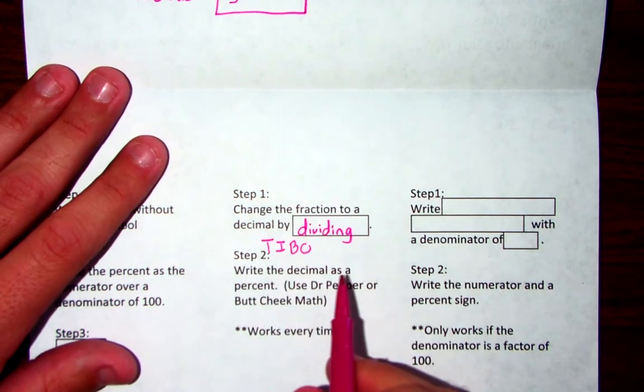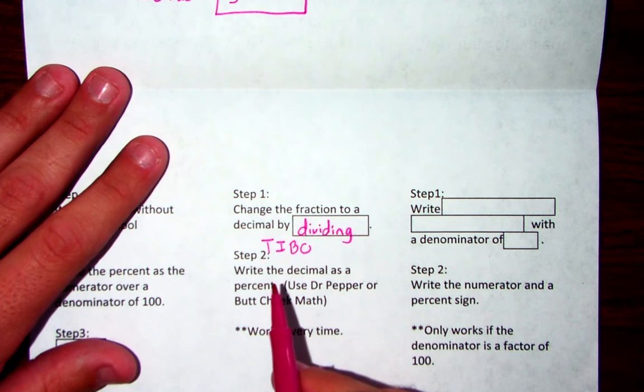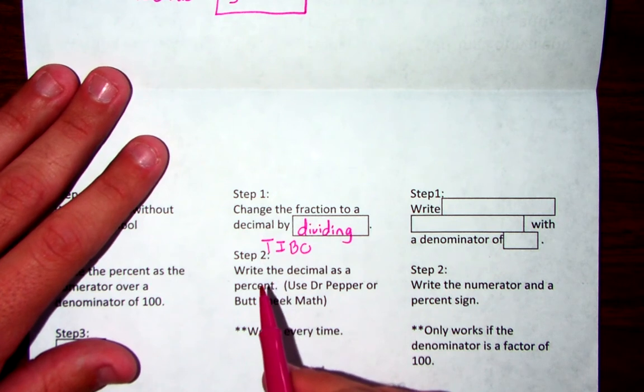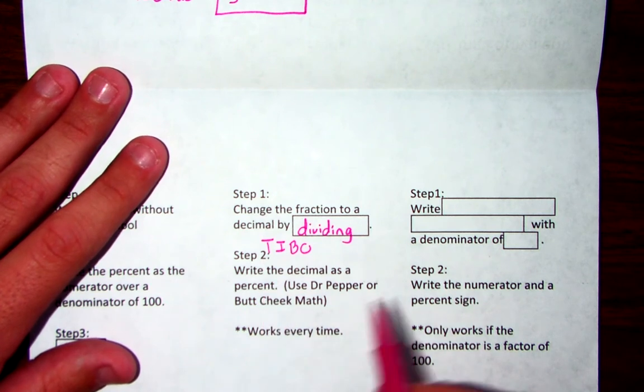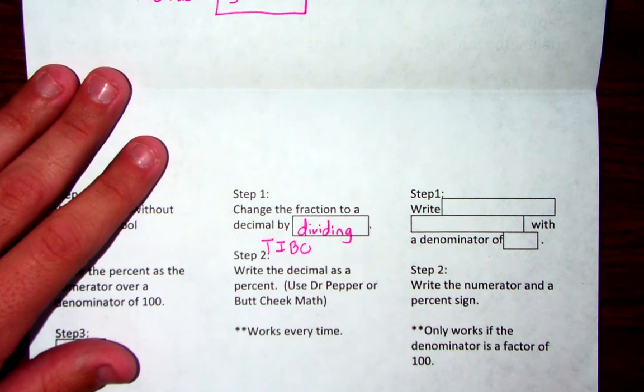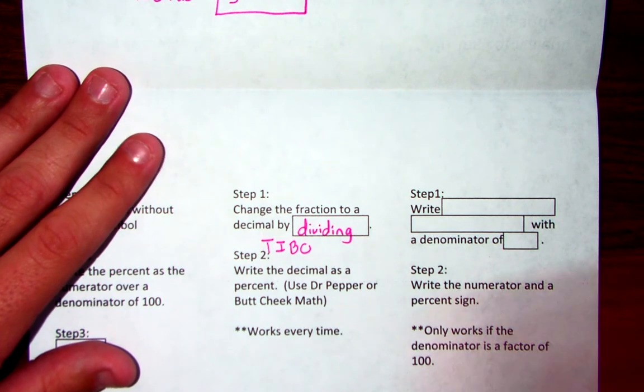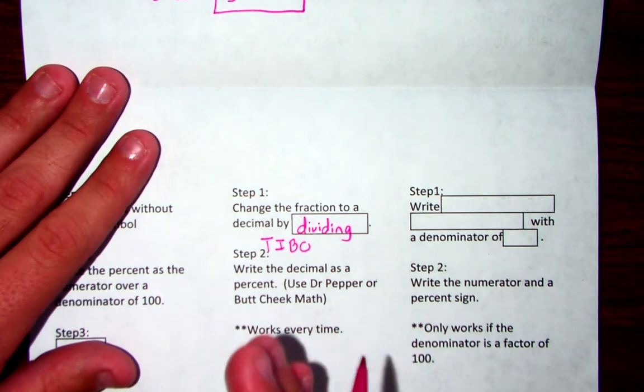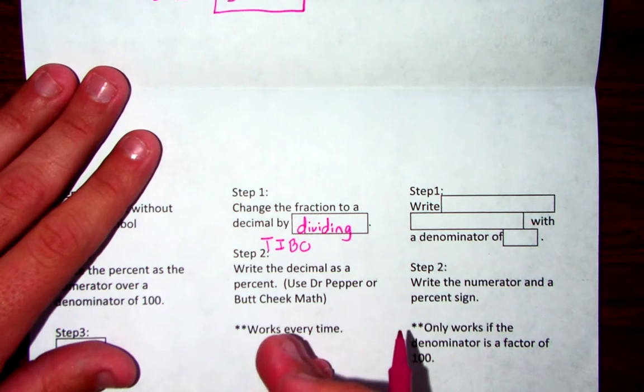Write the decimal as a percent. This is what we covered in yesterday's video. You take the decimal and you move it to the right or to the left, depending on what we're doing. Whenever you do this method, it works every single time.